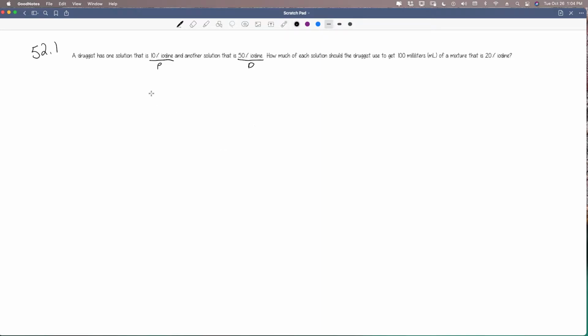So we're going to say the iodine that was poured in plus the iodine that was dumped in gave us 100 milliliters of the mixture, right? So now we're going to do the value of those.